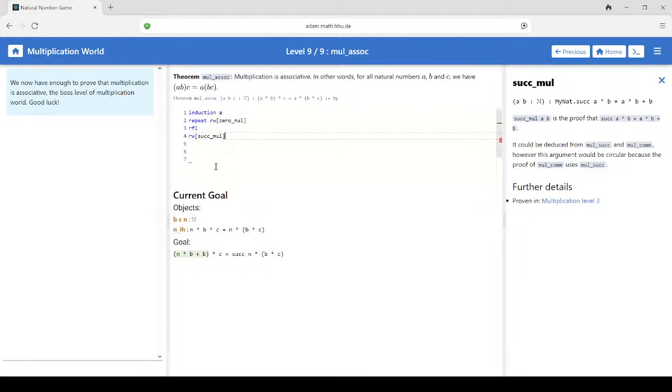N times b. Yeah, the successor of n times b becomes n times b plus b.